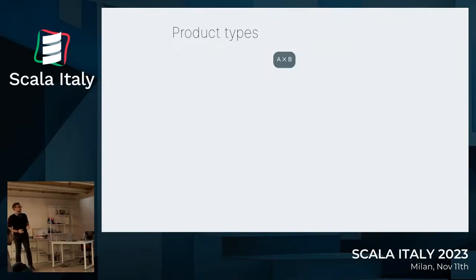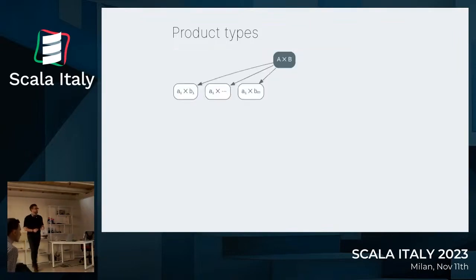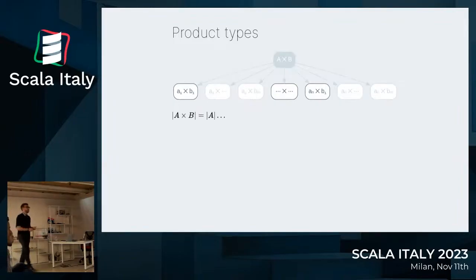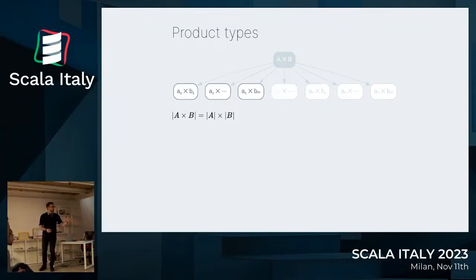Right, the cardinality of an A times B. Well, we have one A associated with all of the B's, and we keep doing that. And then we have the last A associated with all of the B's, right? So the cardinality of A times B is going to be the cardinality of A multiplied by the cardinality of B. The cardinality of a product type is a product of the cardinalities. Again, that's exactly where the name product types come from, because we multiply the cardinalities.